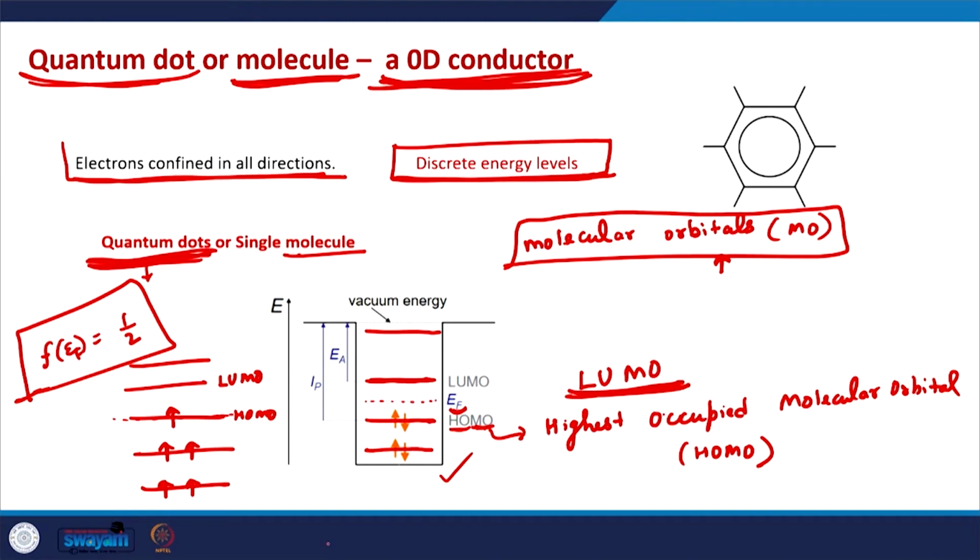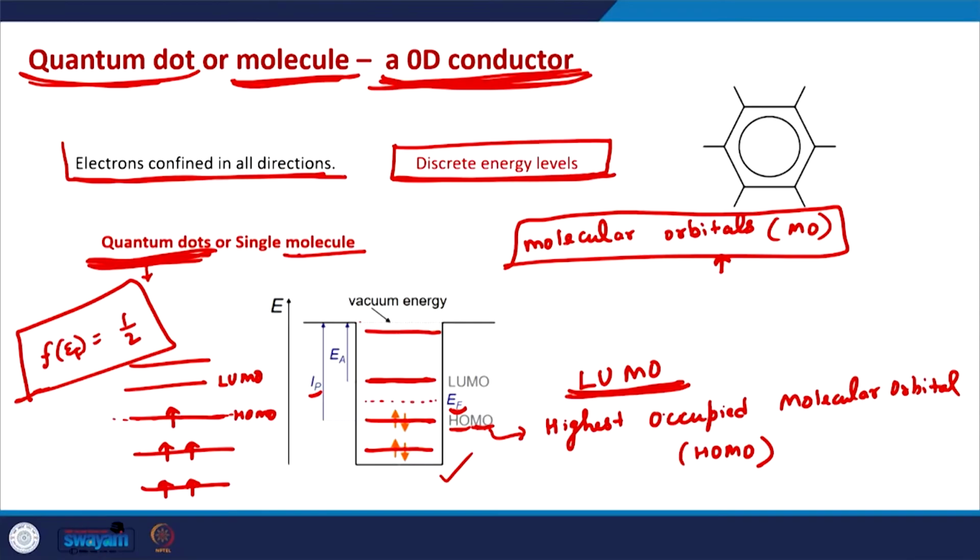We also have a notion of ionization potential, which comes from the atoms actually. This means ionization potential is essentially the energy that we need to ionize the system, to take out an electron from the system into the free space.